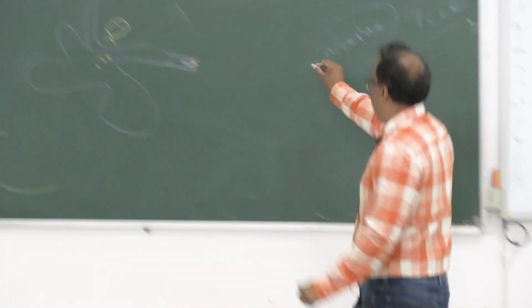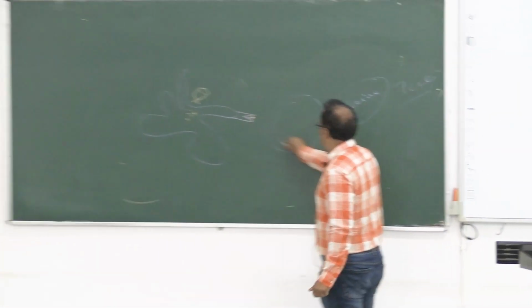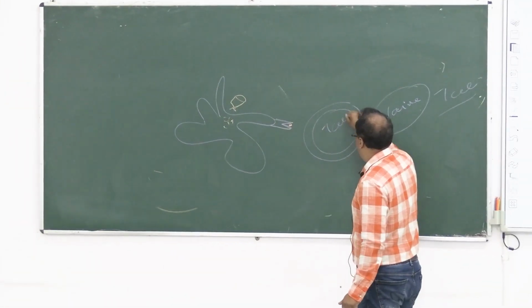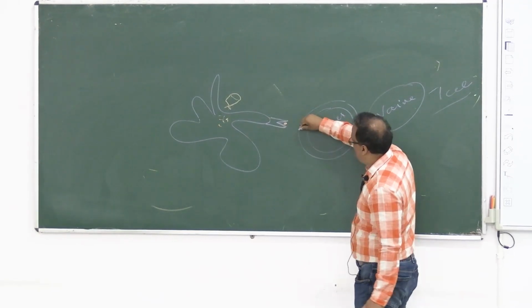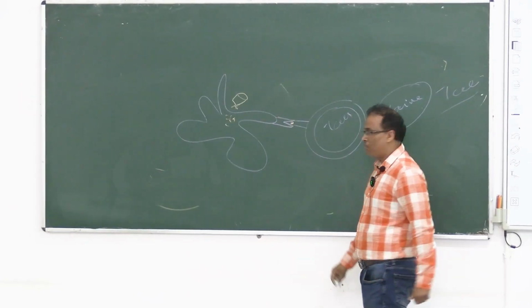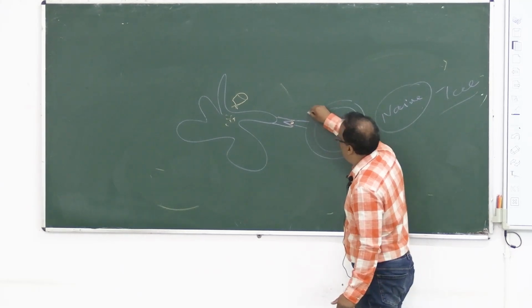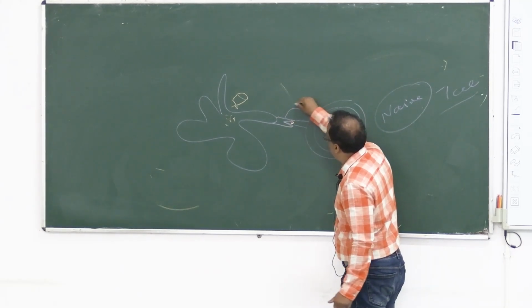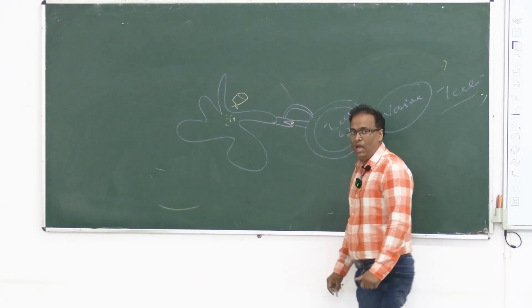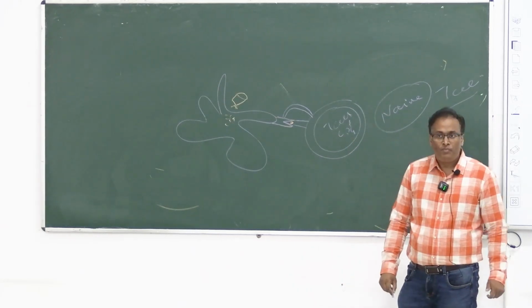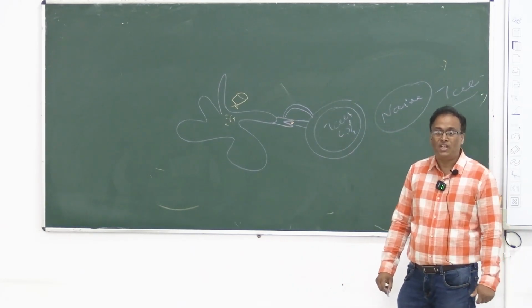Three signals for the activation of T cells, and ultimately what will happen if it is a naive T cell. A T cell is a lymphocyte, it has a receptor, the T cell receptor, and suppose it is a CD4, then there is a co-receptor also. The co-receptor is connected to the MHC, as well as CD28 and B7.